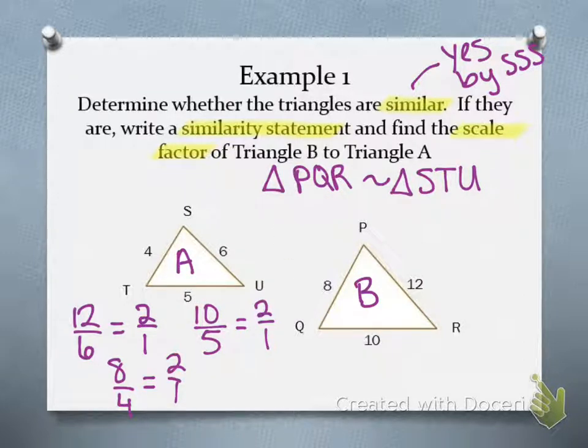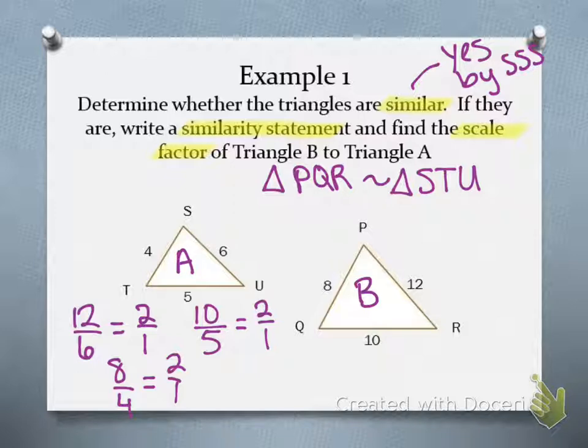Good. STU, PQR. Good. Now I wrote it as PQR and STU because they said triangle B to triangle A. If you were to flip them for the similarity statement, I would not mark it wrong. However, when it comes to the scale factor, we have to have it in the right order.